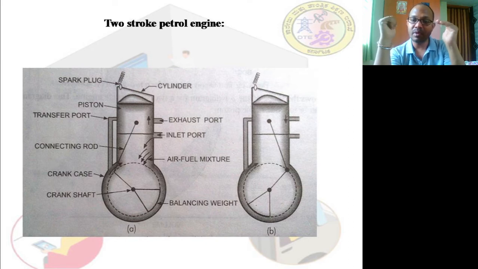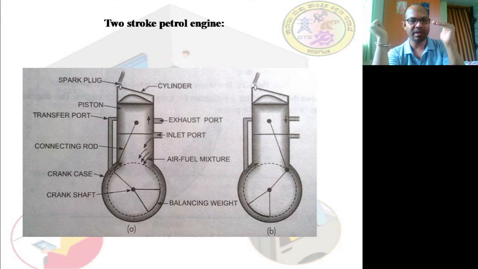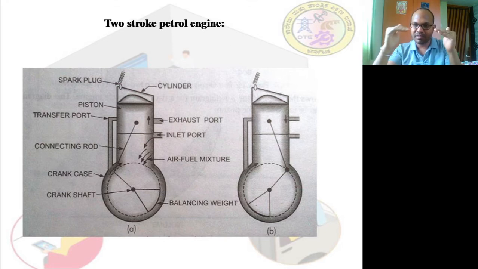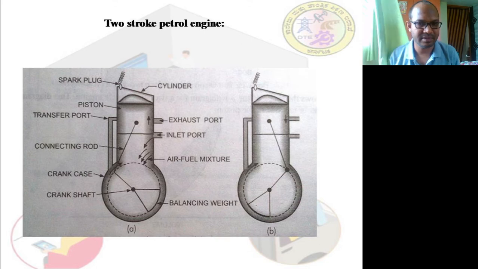The petrol and air mixture is coming in, and the exhaust gases are going out like this. So it takes place simultaneously. This is a very important point. I will ask you to remember it once again when I talk about the difference between 2-stroke and 4-stroke engines. Simultaneously, the exhaust gases will be going out and the fresh charge will be coming inside the engine.